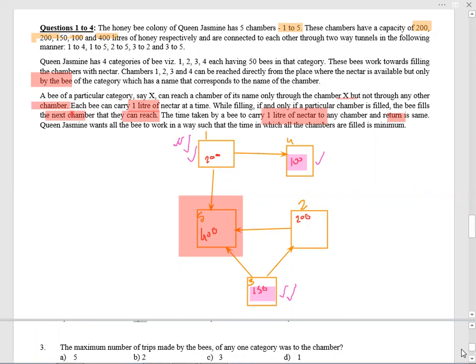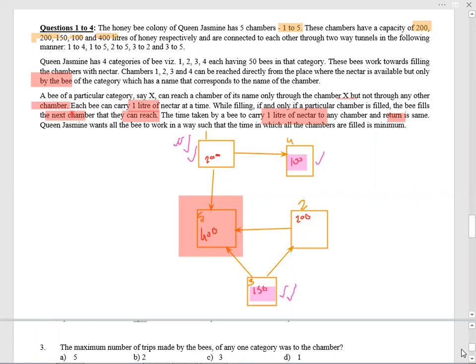The maximum number of trips made by the bees for any one category has to be for a chamber. For which chamber are the maximum number of trips required? Well, for 1, for 3, we have seen 3 trips.